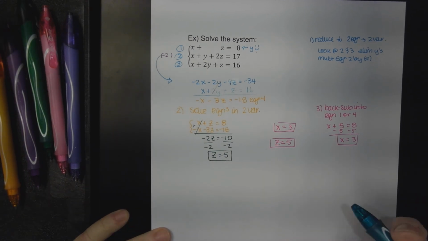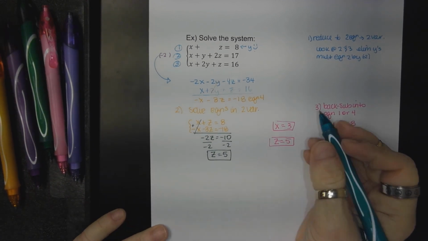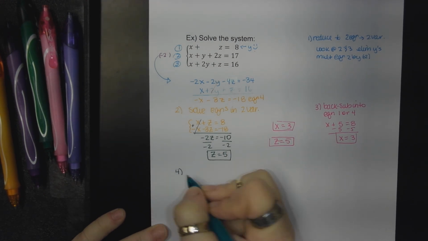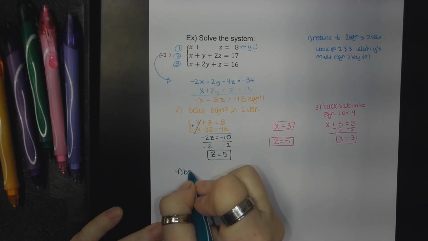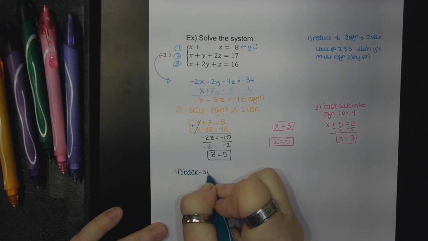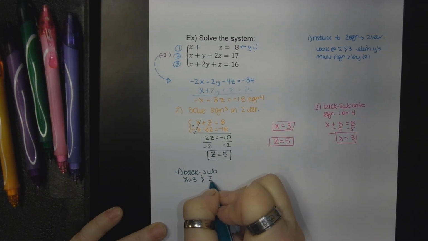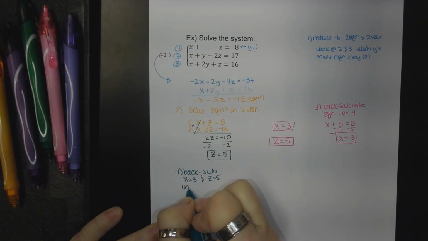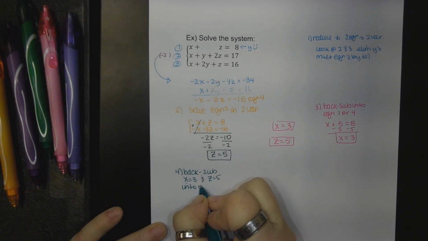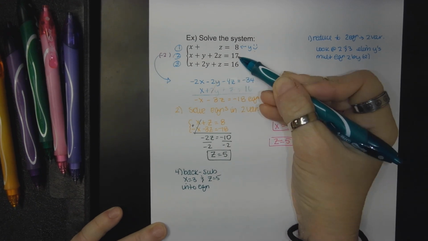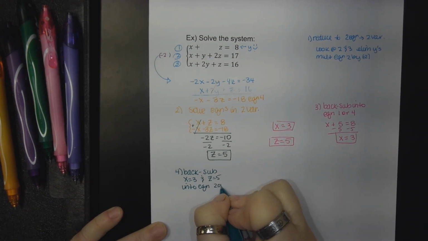y. So for step 4, back substitute x equals 3 and z equals 5 into either equation 2 or 3 here, right?